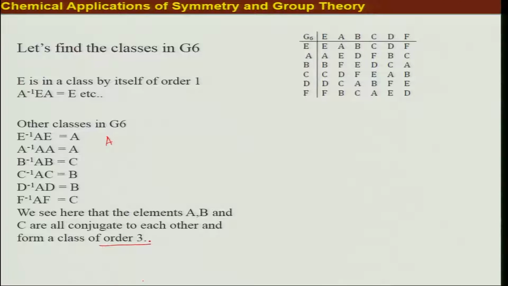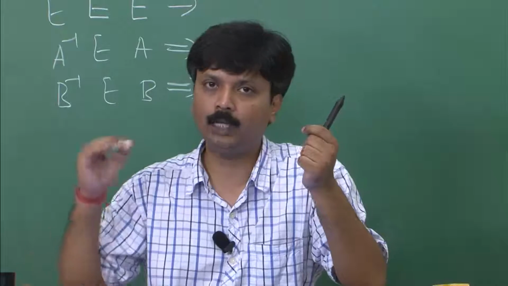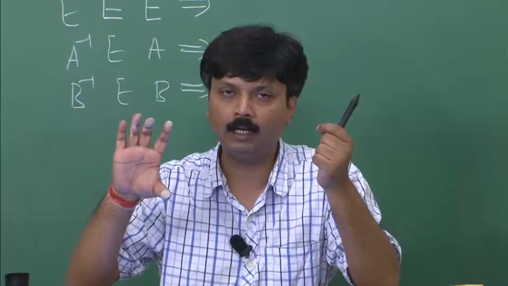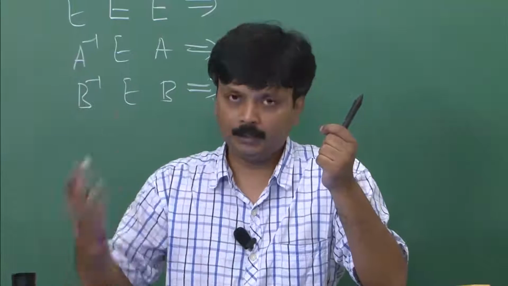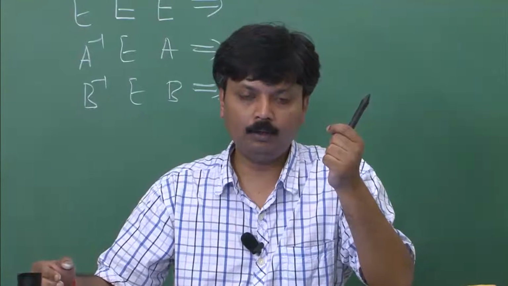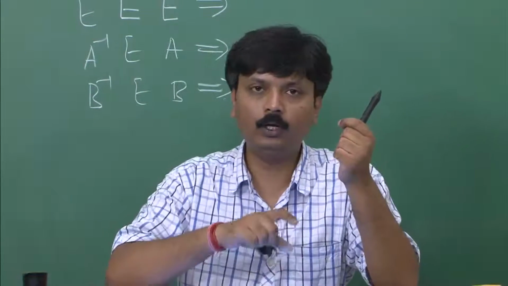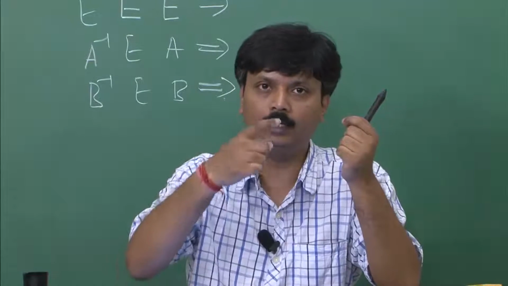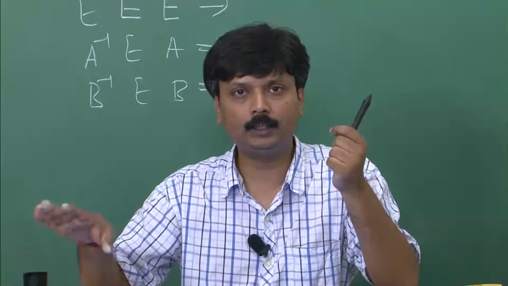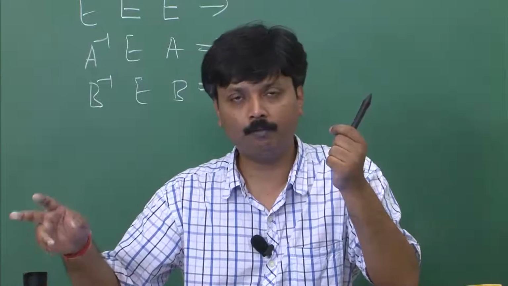One thing I should mention: once you have done the similarity transformation on one particular element and generated a certain set of elements after this exhaustive operation, for the next similarity transformation, since you have got only 3 elements in this class and identity, there are 2 more elements still left, and you would like to find out whether they form a class or not.